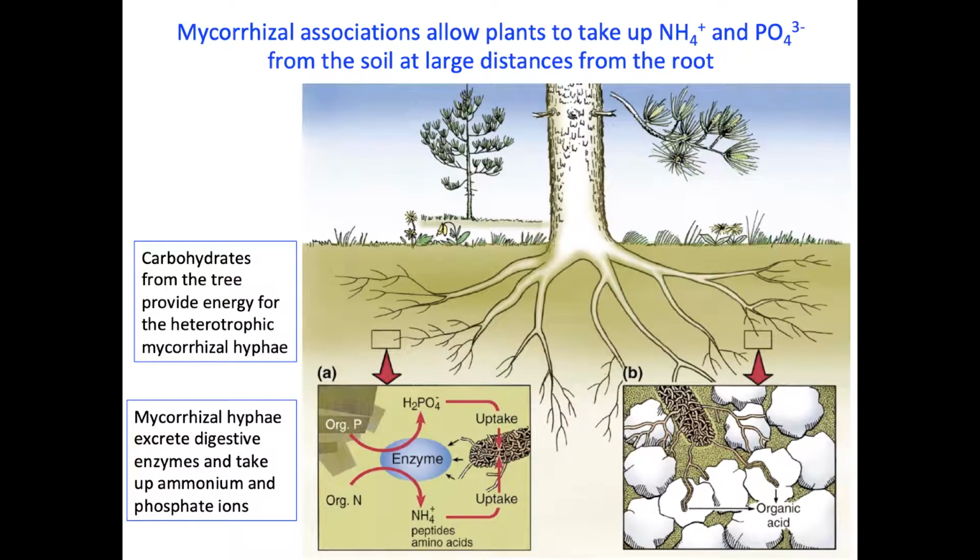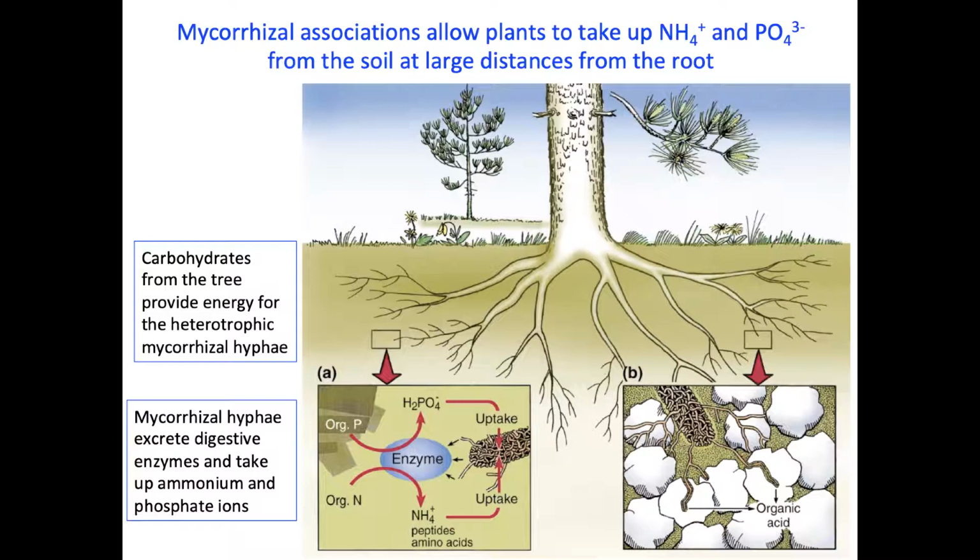This happens in a process which should be very familiar to you now. In order to function, the hyphae need a carbohydrate source. The plant provides that carbohydrate. In return, a different form of growth occurs. That is not growth towards the food source, but away from the food source into the open soil.